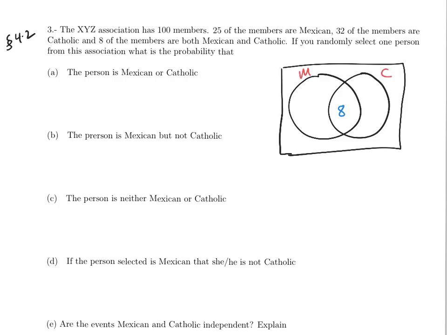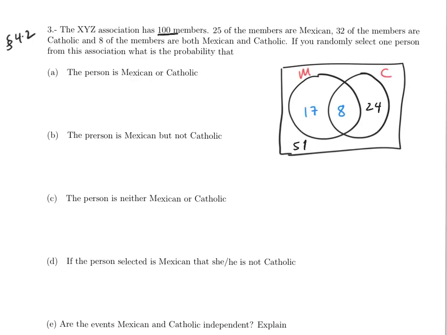You have 25 people that are Mexican. That means this one has to be 17, so that this adds to 25. And then it tells you that 32 people are Catholic, so this has to be 24. Since together you have 100, that means you have 51 people that are neither Mexican nor Catholic.